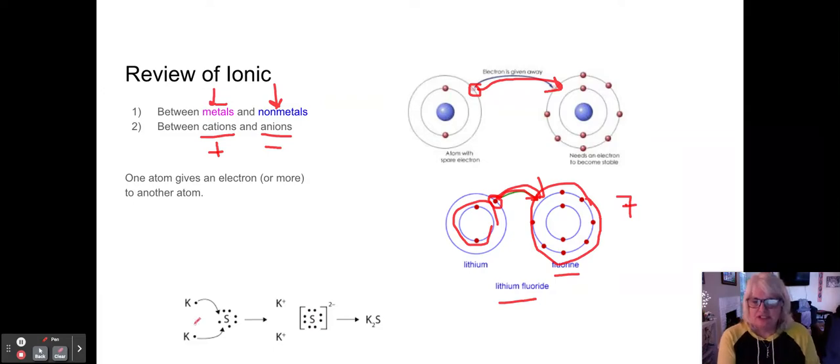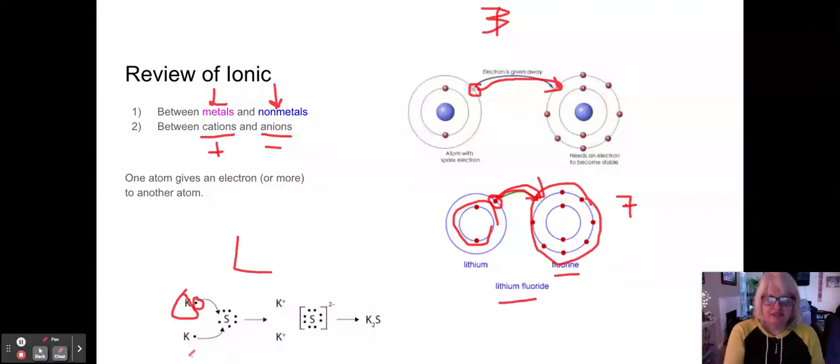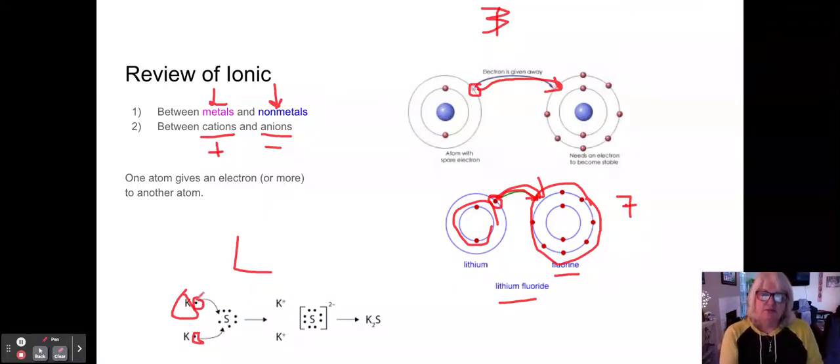Here's another example just to review. Here we have potassium. It has a single valence electron. Remember, these are Bohr diagrams over here. This is the Lewis dot diagram here, which I find to be a little bit easier. So we have just this single valence electron on the outside shell of potassium, so each one of these potassium wants to get rid of it.